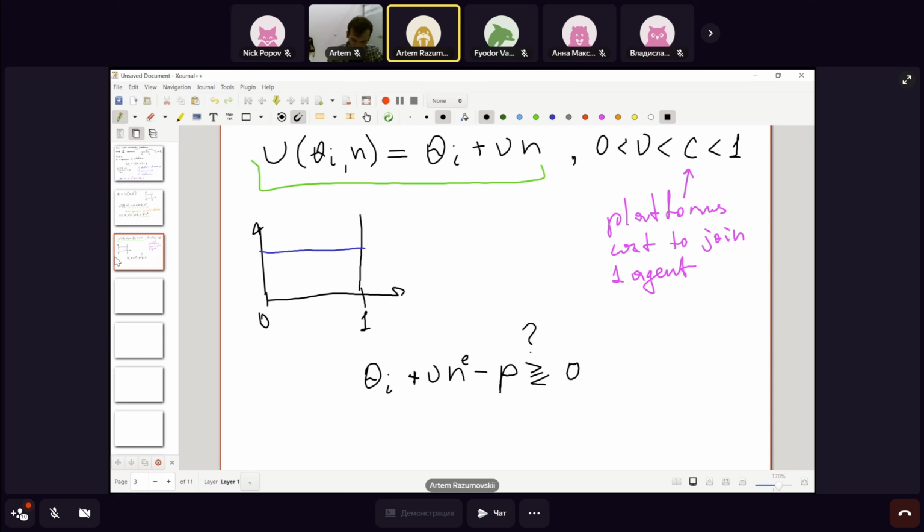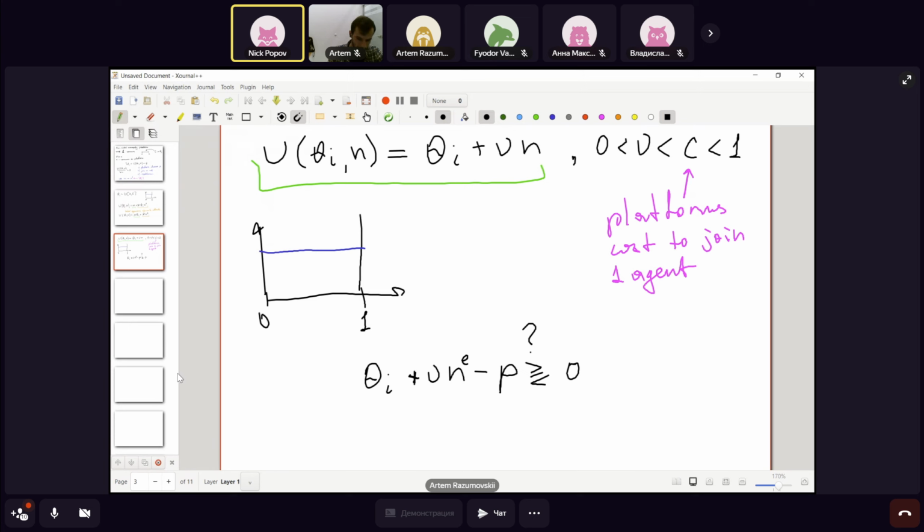And are you familiar with Nash equilibrium? Yes, of course. So what is the definition? It's the point from which it is not profitable to deviate.